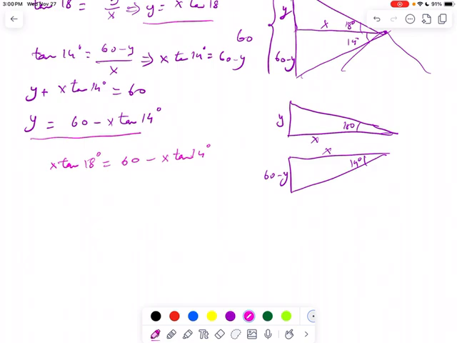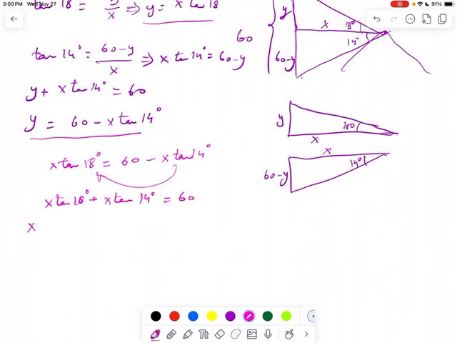So now you see it's kind of coming to the same result as we got before. So we will combine the x terms, so move this over here. So we get x tangent 18 plus x tangent 14 is equal to 60.